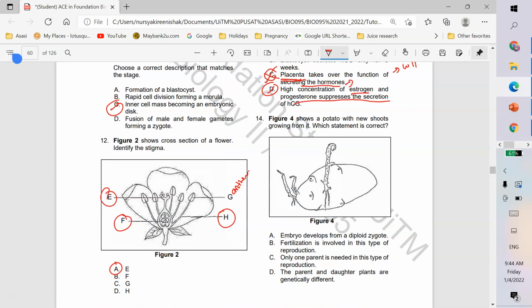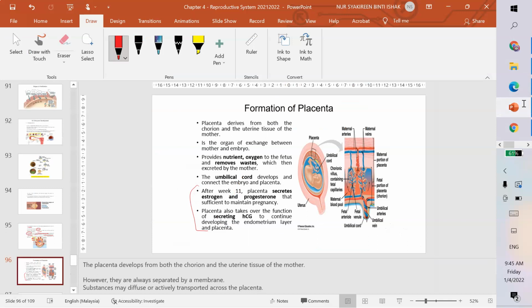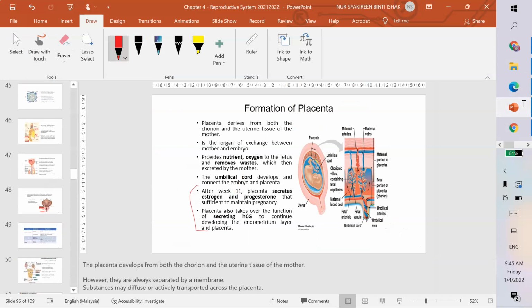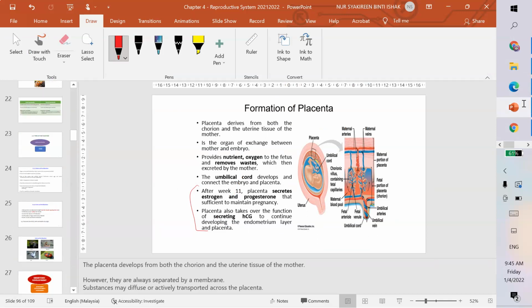Number 14. Figure 4 shows a potato with new shoots grown from it. Which statement is correct? C. Only one parent is needed in this type of reproduction. It is because potato punya type of reproduction is asexual reproduction. Which is in this case dia adalah vegetative propagation kan?